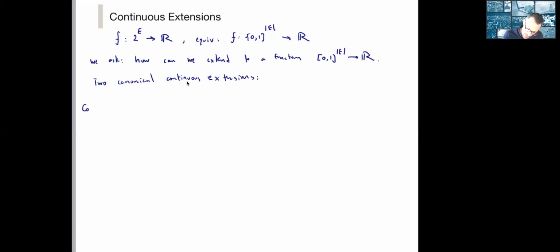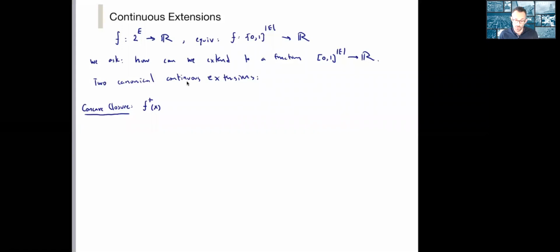One is called the concave closure, and it gives a concave function, as the name suggests. So here's the notation. F plus is the continuous extension that is called the concave closure of our set function f, and it's defined on the entire unit cube, and for any element x of the unit cube, the value of this concave closure is defined as a solution to the following maximization problem.